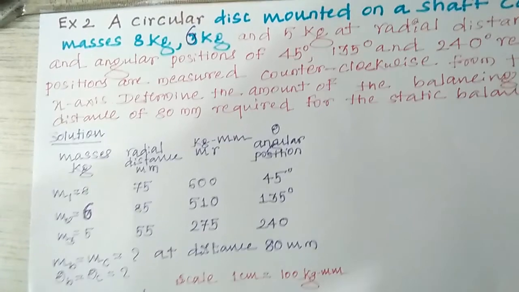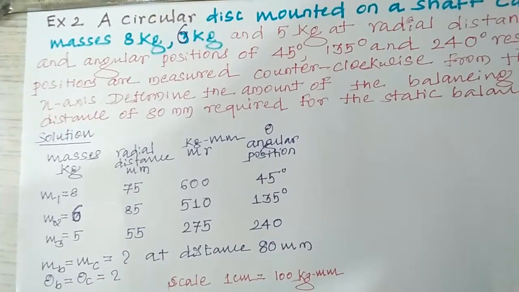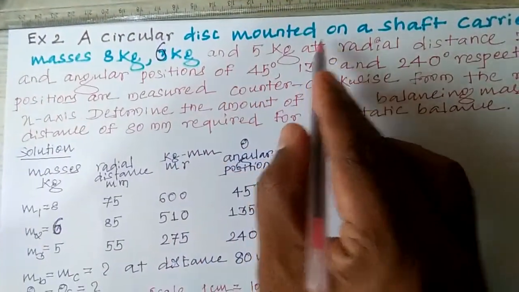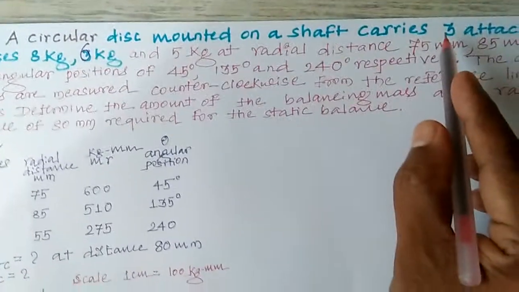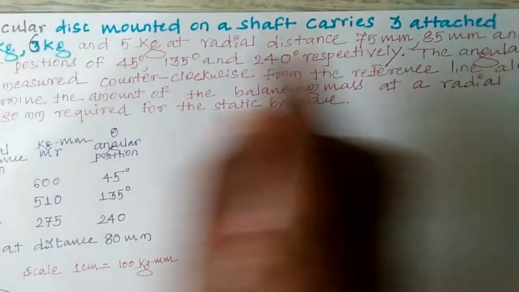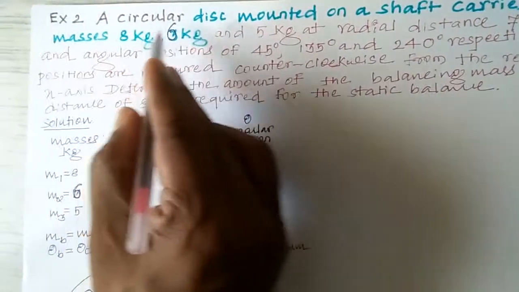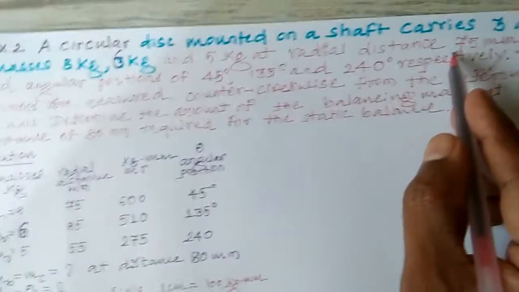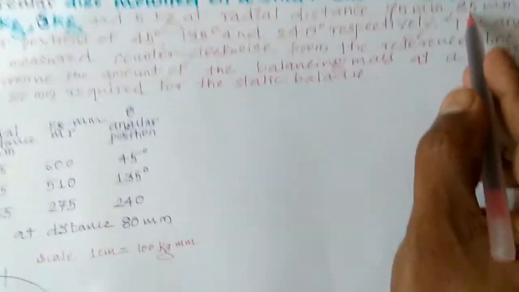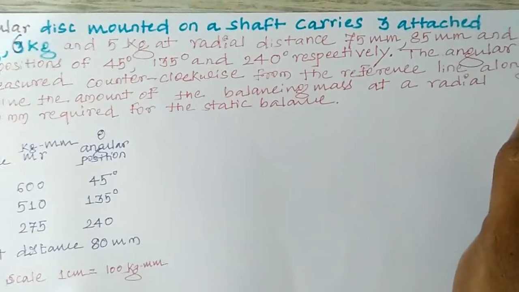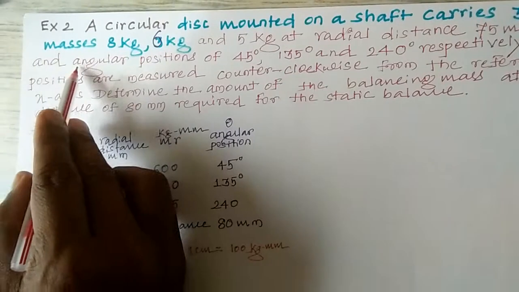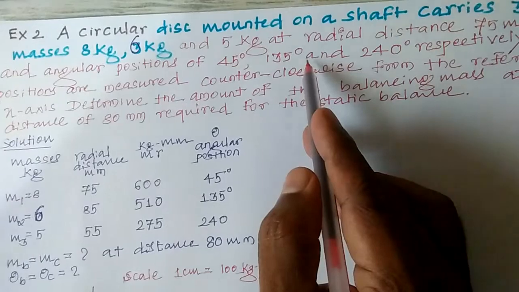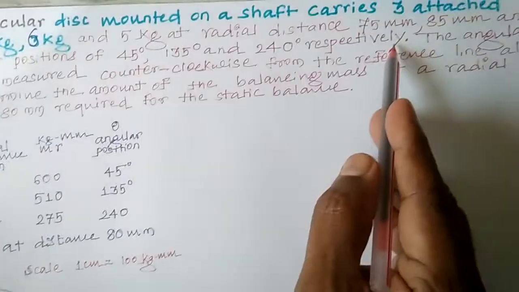Today I'll go through one more example related to static balancing. I'll read the example. A circular disc mounted on a shaft carries three attached masses, 8 kg, 6 kg and 5 kg, at radial distances of 75 mm, 85 mm and 55 mm, and angular positions of 45 degrees, 135 degrees and 240 degrees respectively.